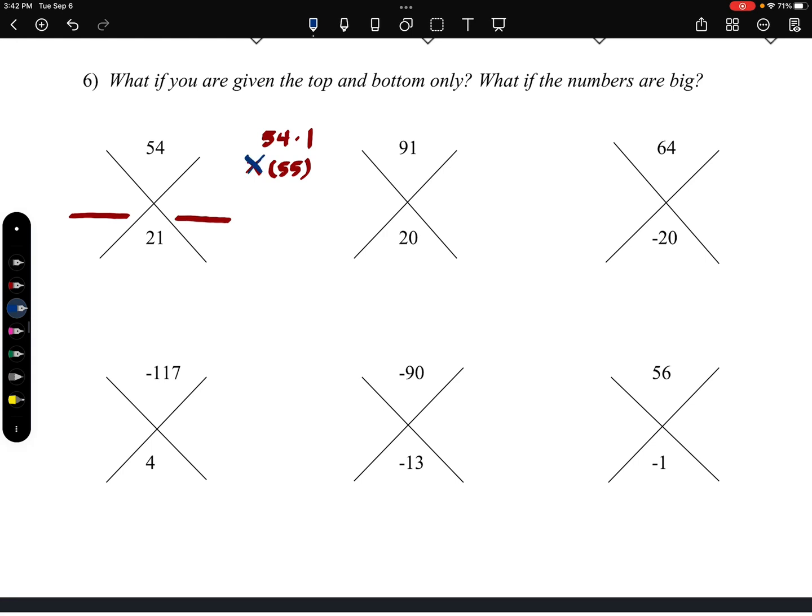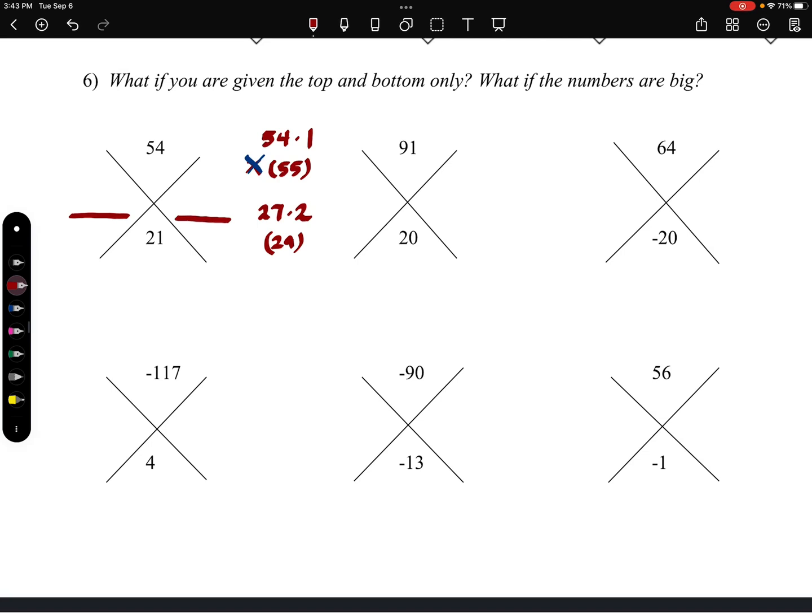That one doesn't work. You could then say, all right, well, 54 is even, so I know that what times 2 is 54. That happens to be 27 times 2. When we add those together, we get 29, which is not what we need, but it's getting closer. Let's try 3. How many times does 3 go into 54?